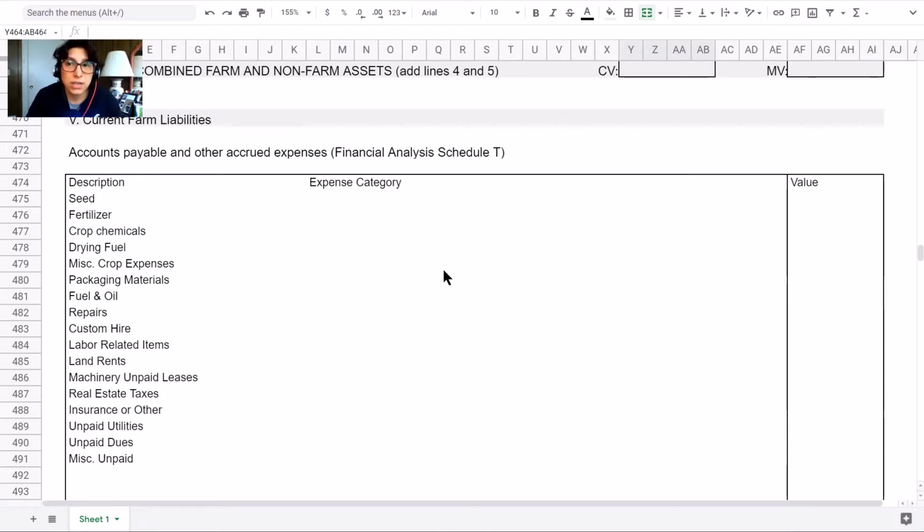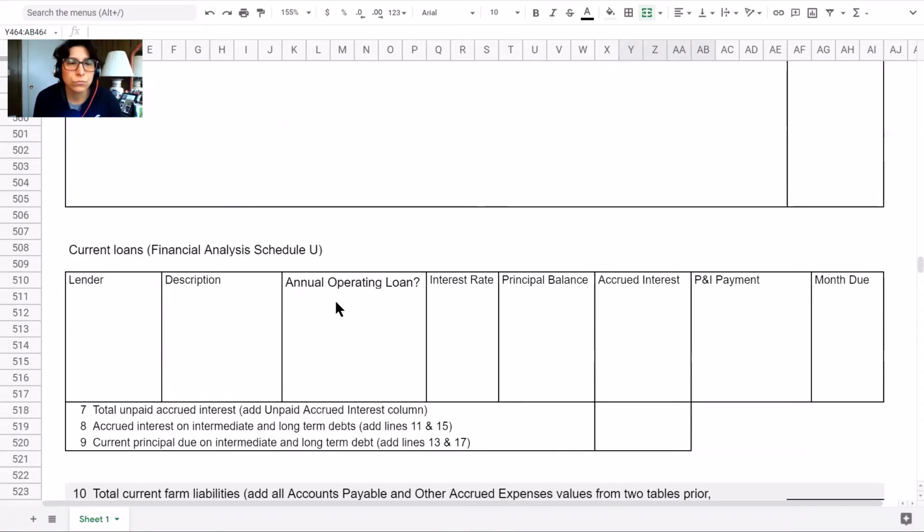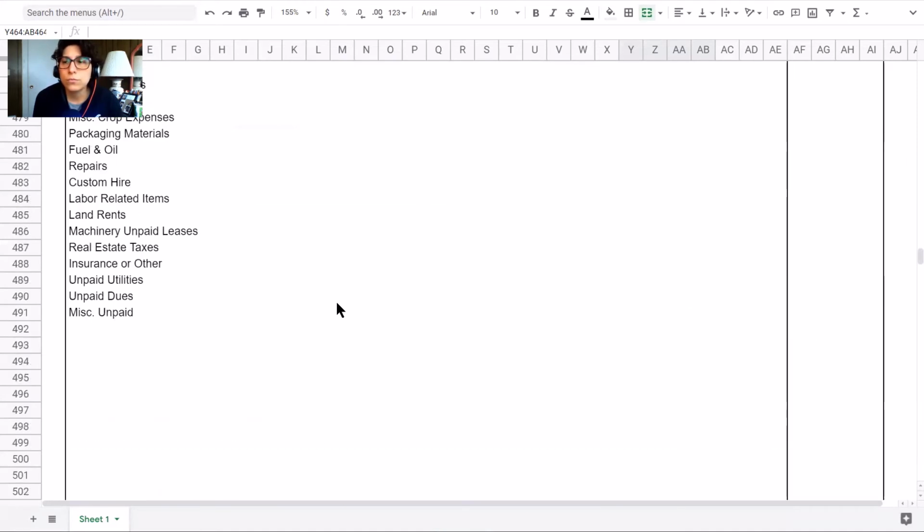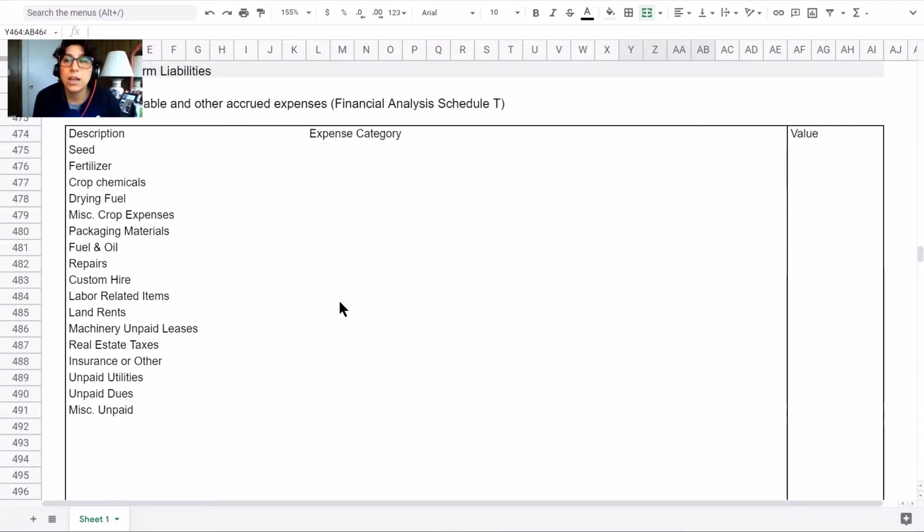Accounts payable and other accrued expenses should be listed with the name of the account holder and the amount owed. Include such items as unpaid bills, seed, fertilizer, feed and fuel accounts, past due taxes, rents, and judgments.